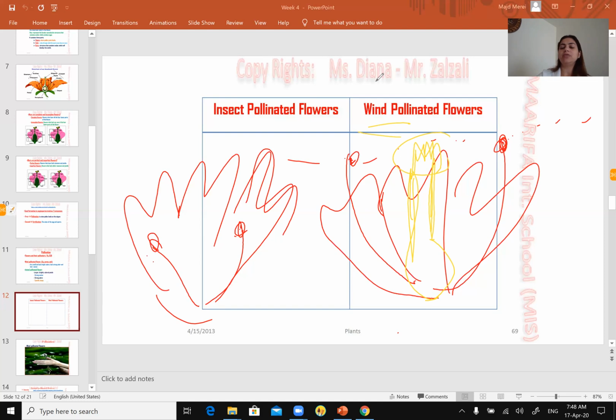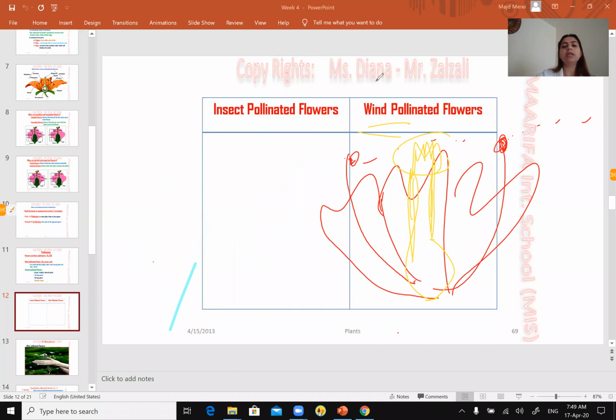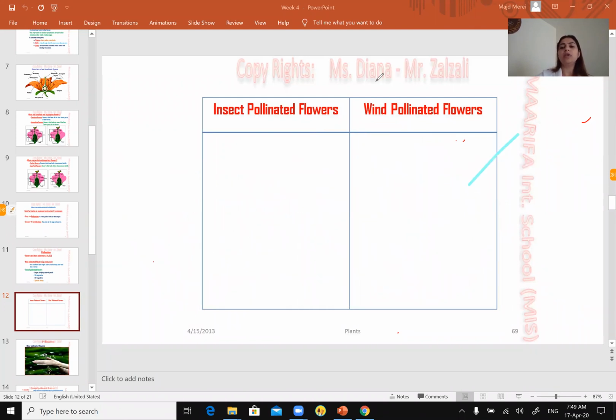A wind-pollinated flower. While in insect-pollinated flowers, it's not a must. Maybe there will be a short style, and the stigma again is inside. It is not exposed to wind. So it will be what? An animal-pollinated flower or insect-pollinated flower. Okay? So there are many differences between insect-pollinated flowers and wind-pollinated flowers.